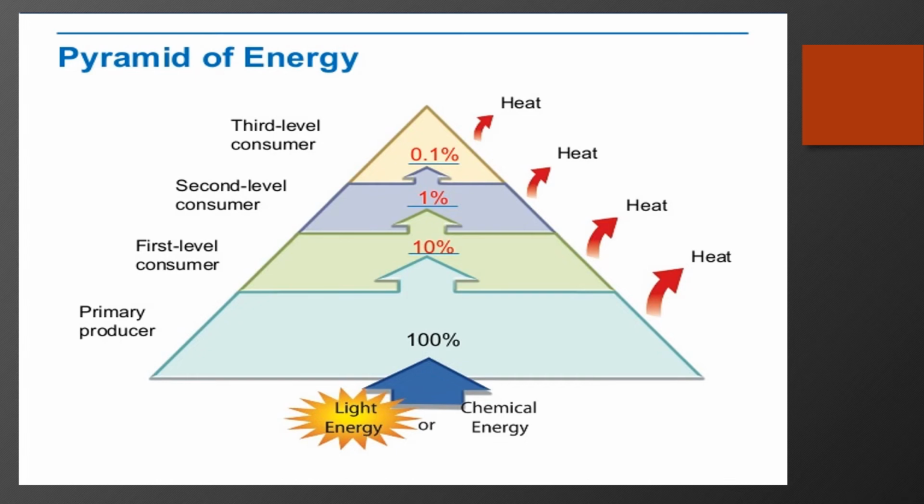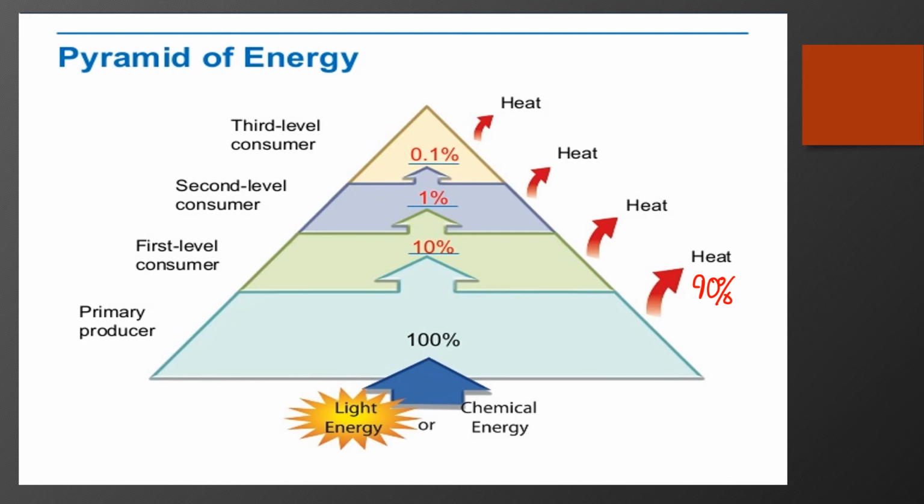So we start here at the bottom with our ultimate source, either light or chemical energy. That's transferred into the primary producer, creating our 100%. That's where we start off with the maximum amount of energy that can be absorbed. And so our primary producers, we're going to represent them as 100%. And they are going to use 90% of that energy for their daily activity.